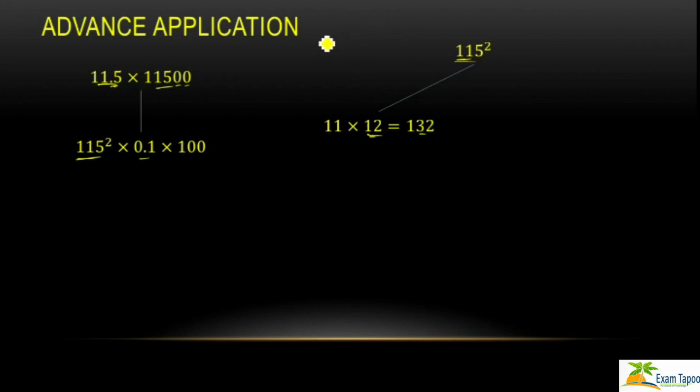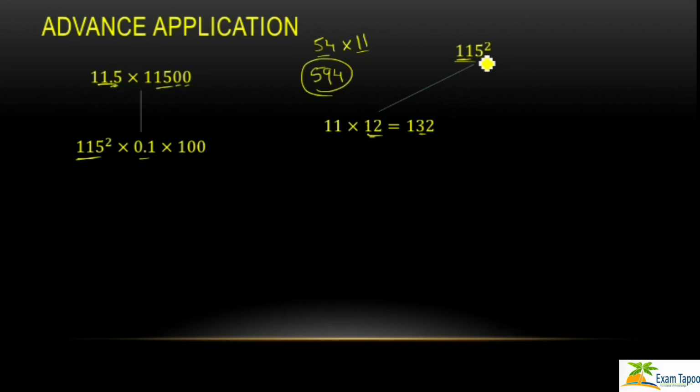For example, let us suppose you have 54 times 11. What you can do is add the digits 5 and 4 and write the result in between. So 5 plus 4 is 9, so I will write 5, 4, and in between I will write 9. So 54 times 11 will become 594. This is a technique.